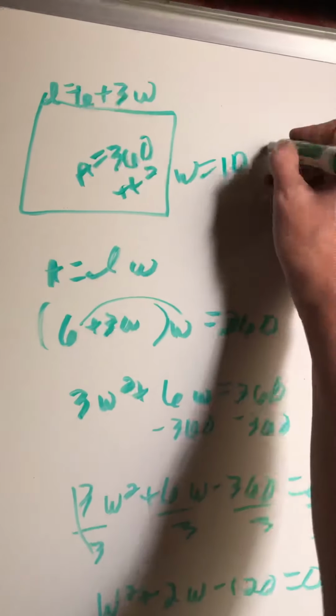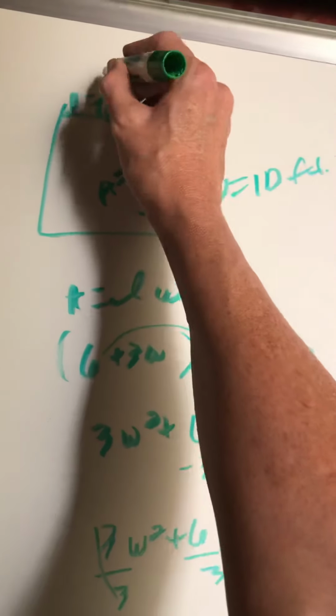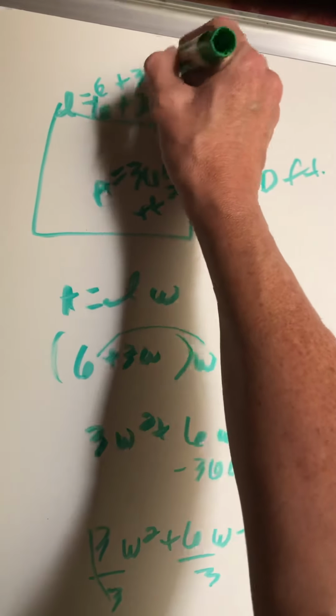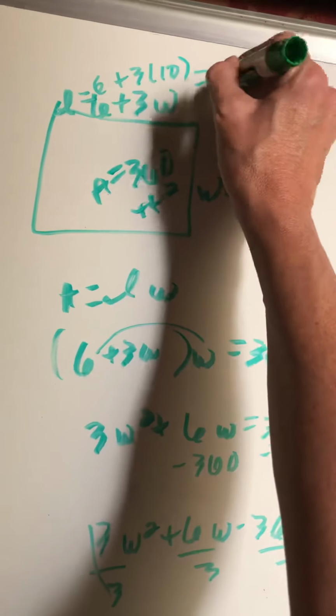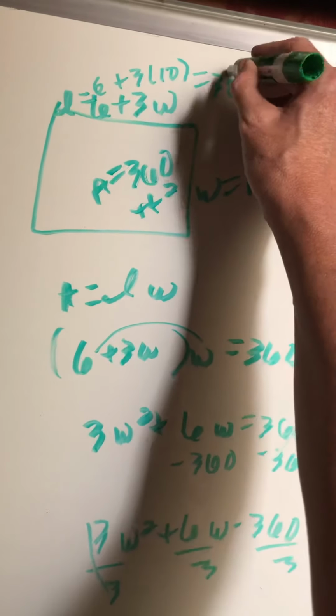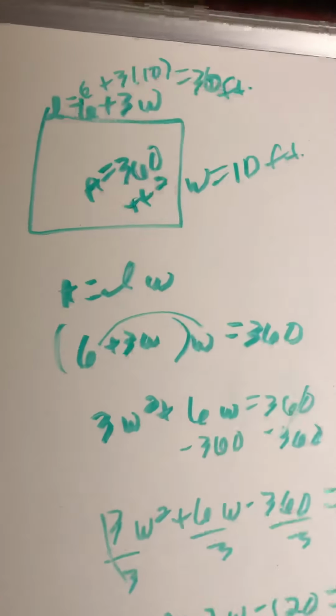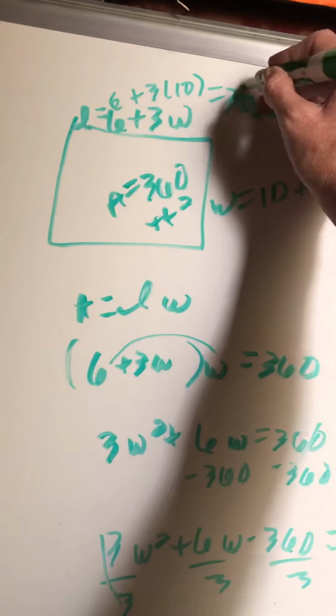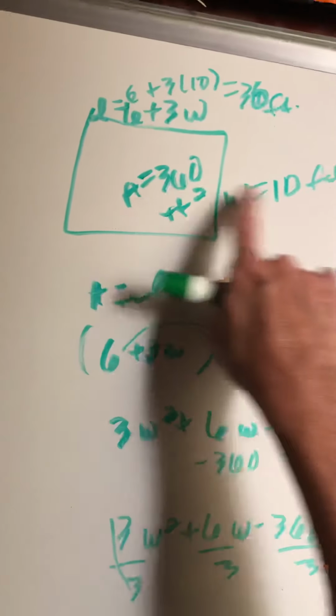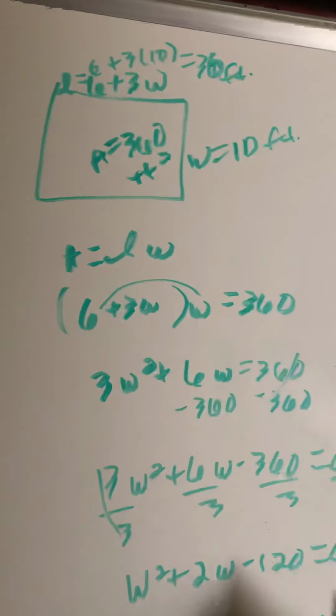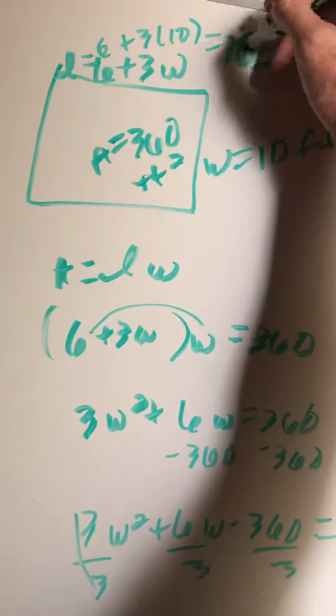And if my width is 10 feet, then I just plug it in here. 6 plus 3 times 10 would give me 36 feet. Or you could have taken your area and divided it by 10, and that would give you your length as well.